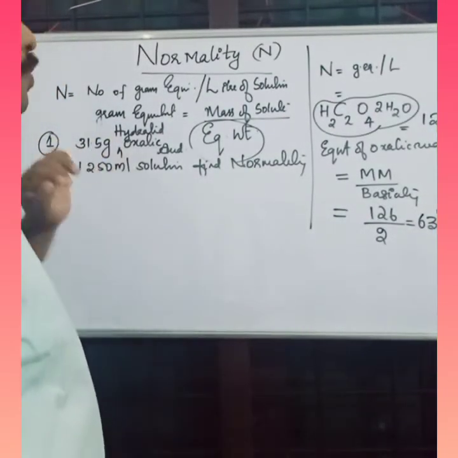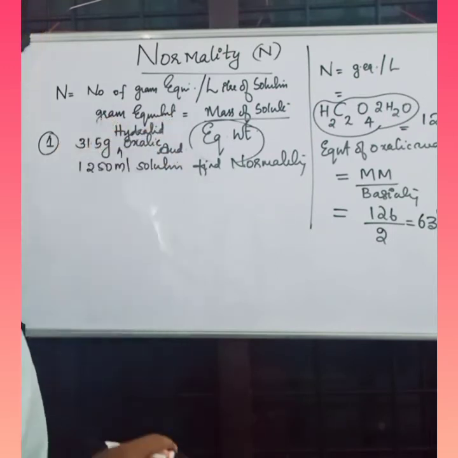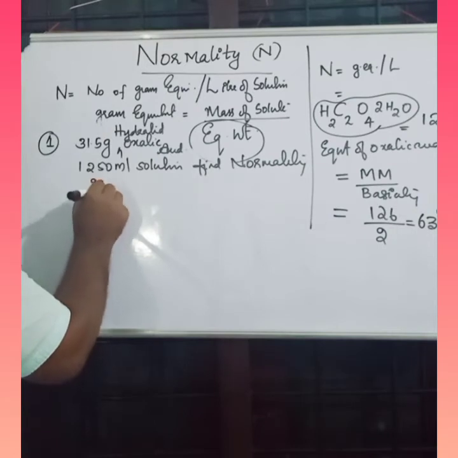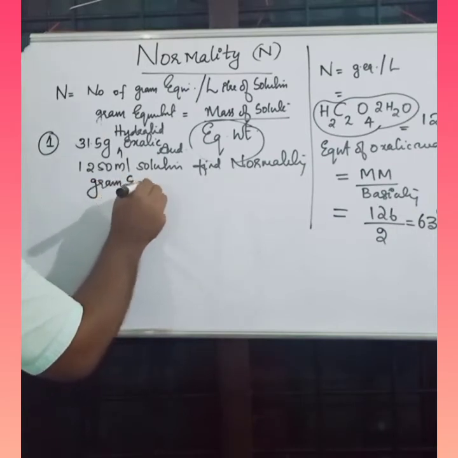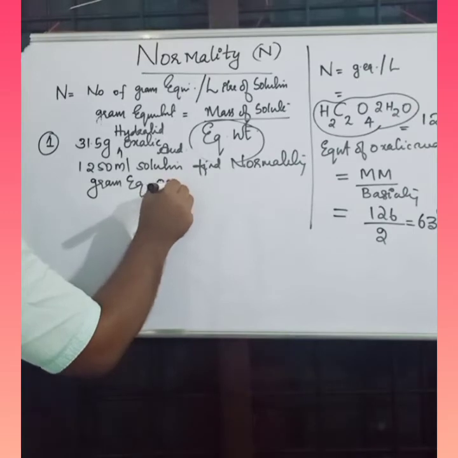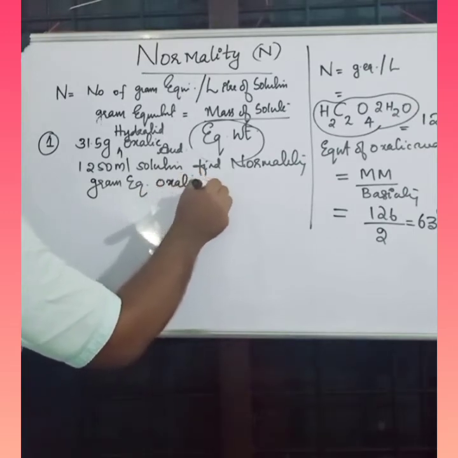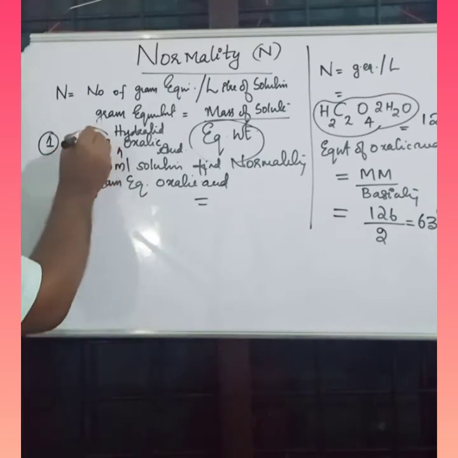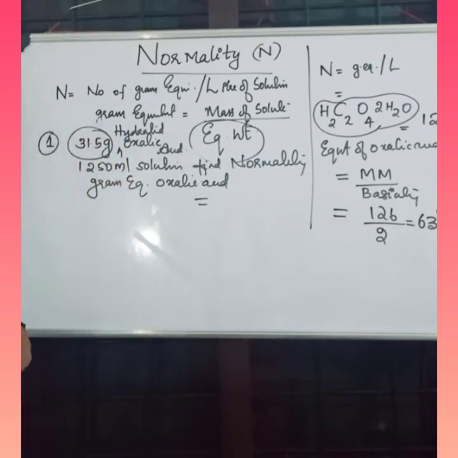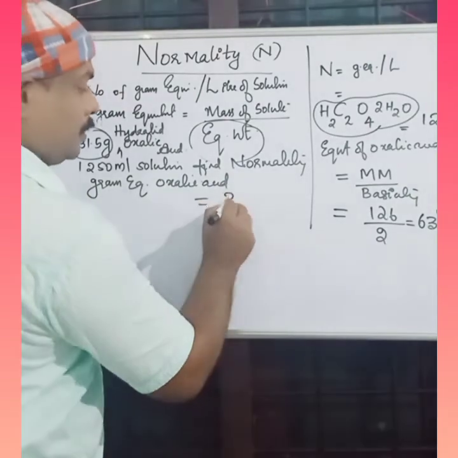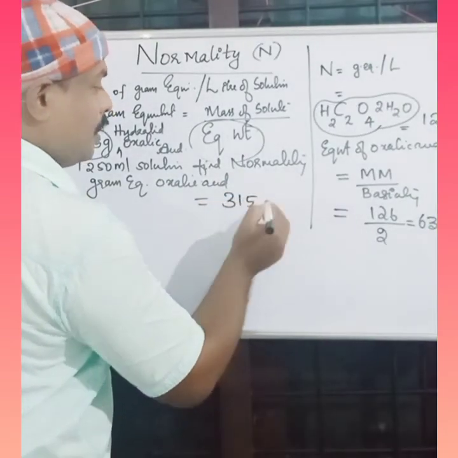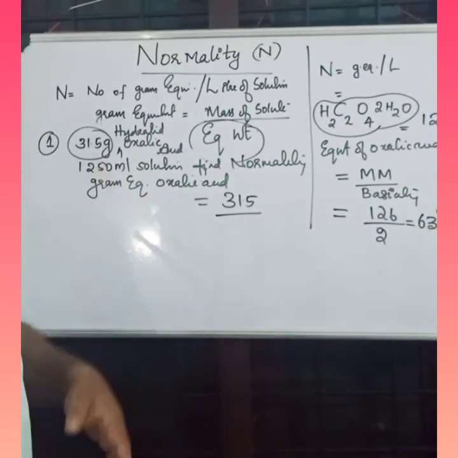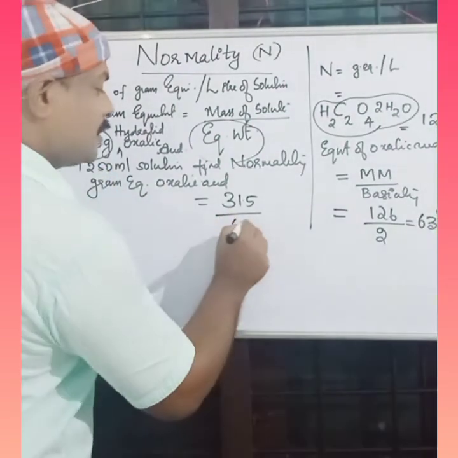Now we can calculate the gram equivalents of oxalic acid. Gram equivalent of oxalic acid is equal to mass of solute, which in the question is given as 31.5, divided by its equivalent weight, 63.